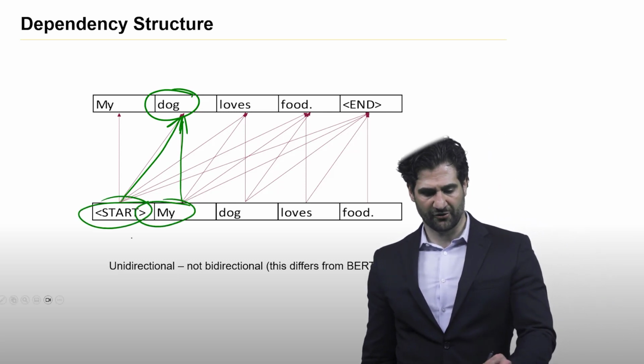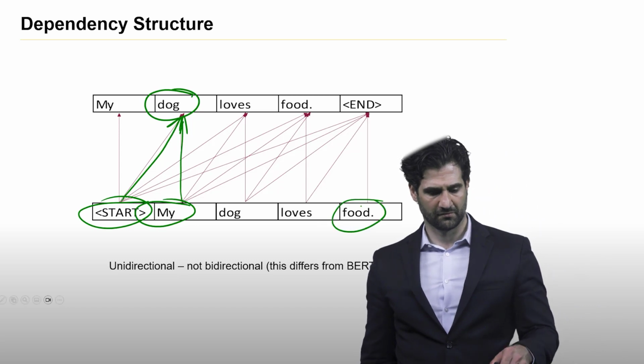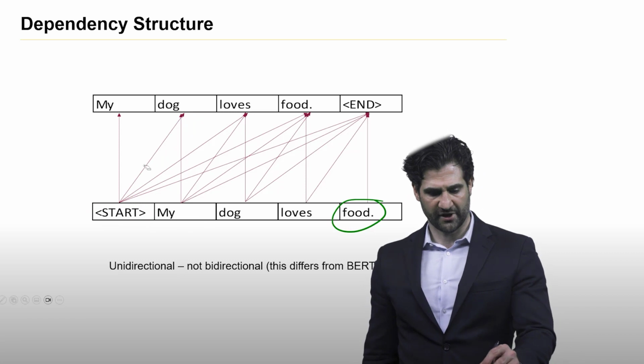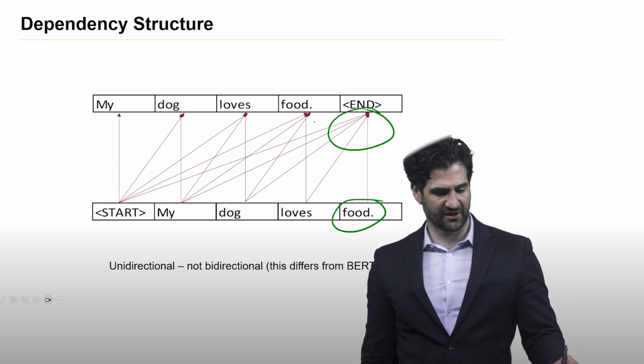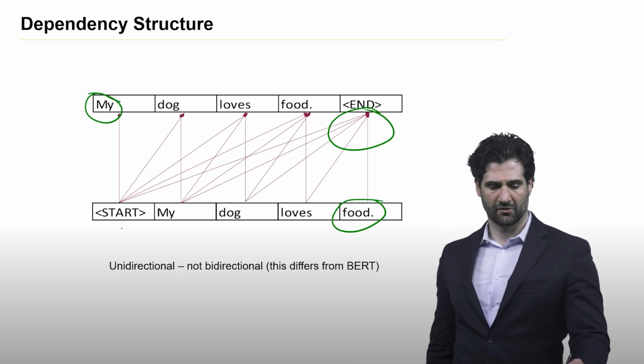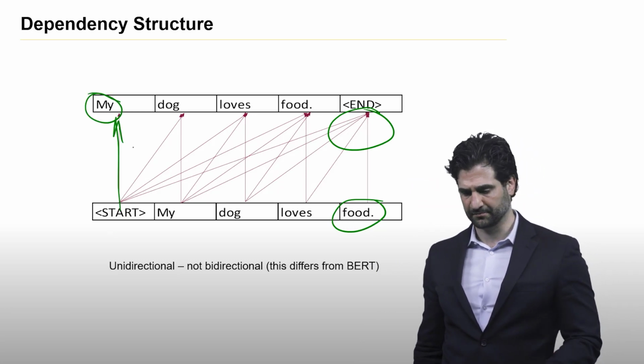By the time we get all the way to food, we have dependencies coming from everything else. Whereas when you look earlier on, my only stems from the start token.